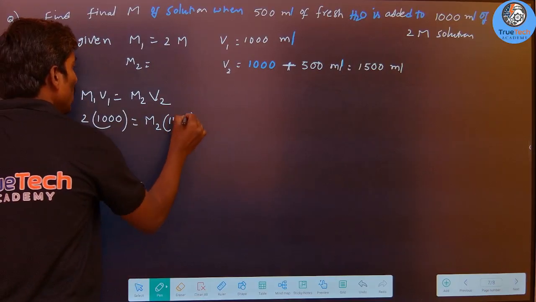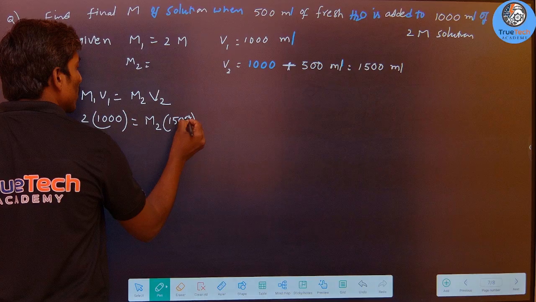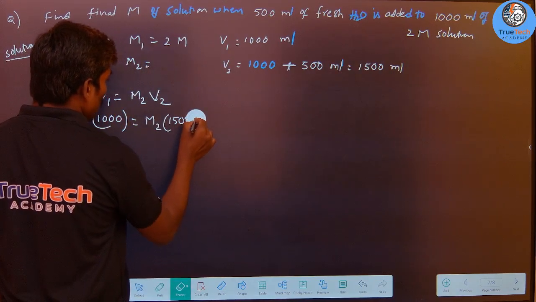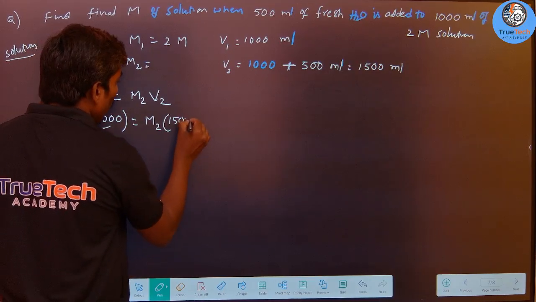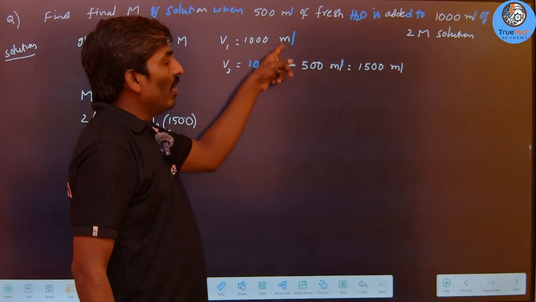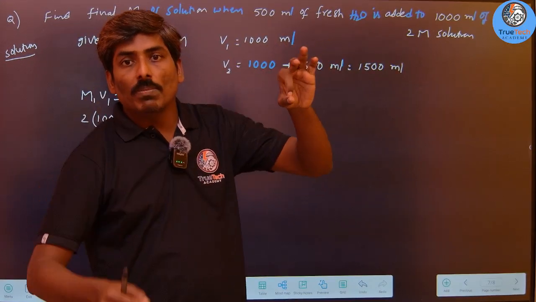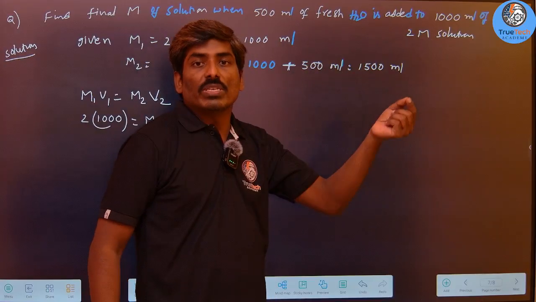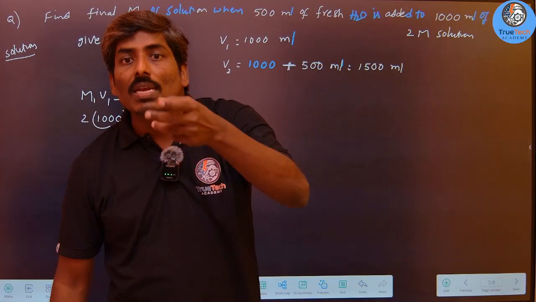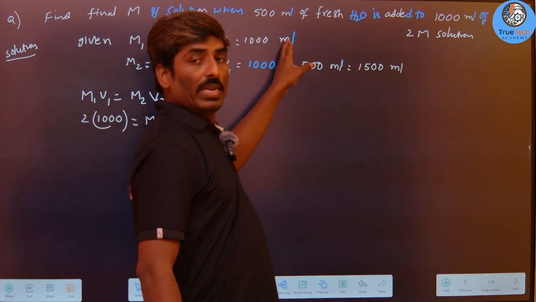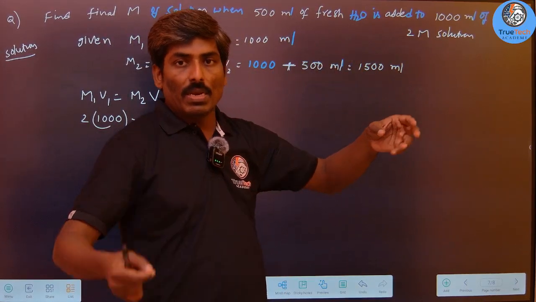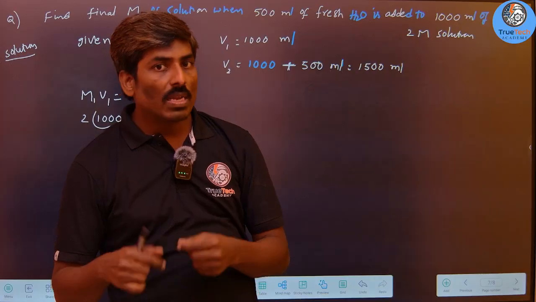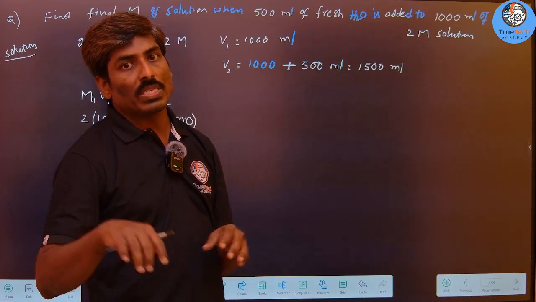The only thing to remember here is that both volume values should be in the same units, either both in ml or both in liters. If you take ml here, take ml there also. If liters are given, take liters. If not given, convert into liters. Both should be in the same unit.